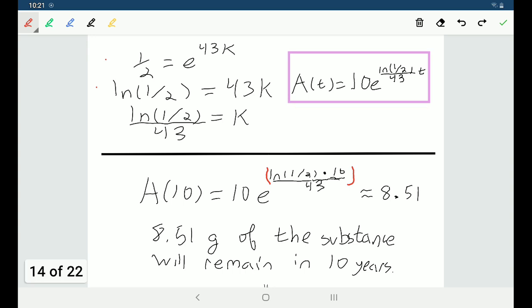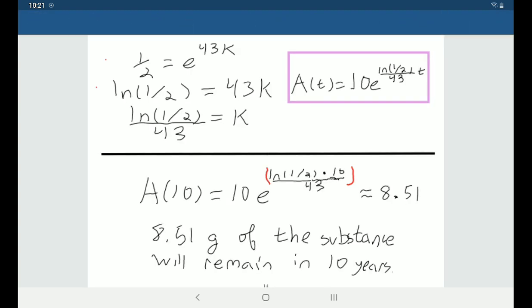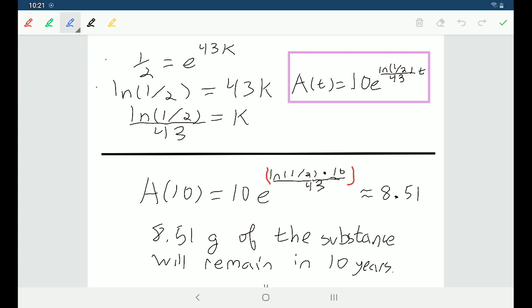So the actual question in part A was wondering how much of the substance remains after 10 years, or in other words, what is A of 10? So I just put in 10 for t. And when I do that, and here I've put brackets in red because if you're putting this into your calculator, you'll enter 10 times e to the power of, and because you want this all to be combined together before it's put into the e to the power of function, you'll need to put brackets around it.